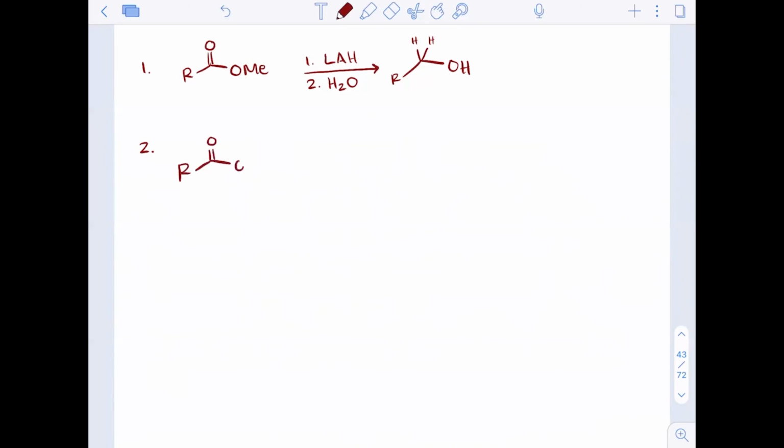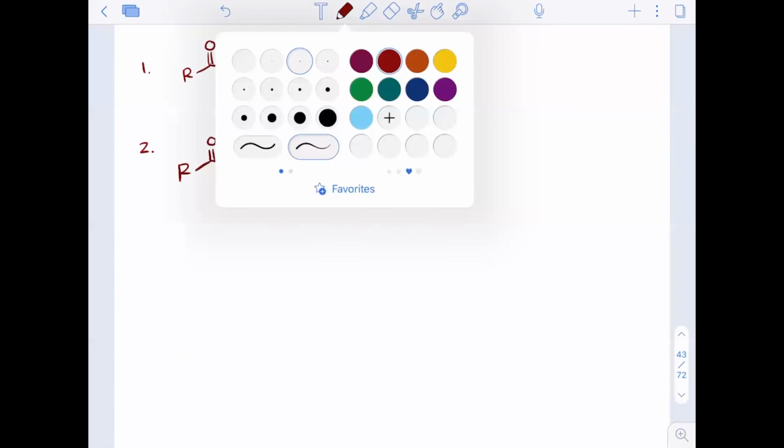Esters can also be stopped, just like we've seen before. They can be stopped with a less reactive reagent. That less reactive reagent is usually called DIBAL-H or DIBOL-H. Sometimes there's an L in there. I'm going to write that one up.